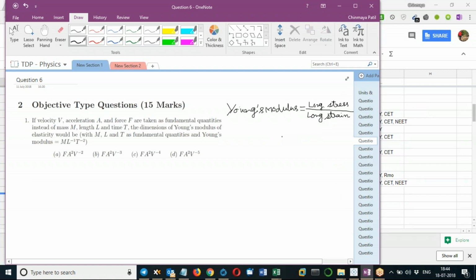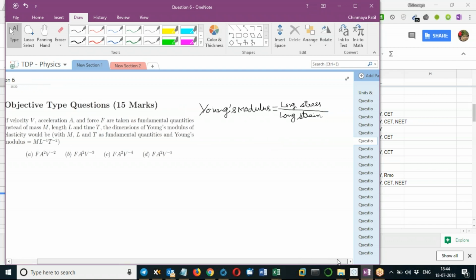In longitudinal stress, how we compute stress is nothing but force by area, right?